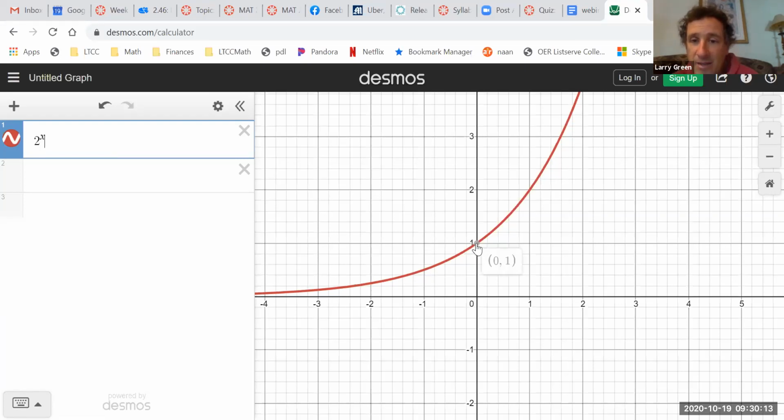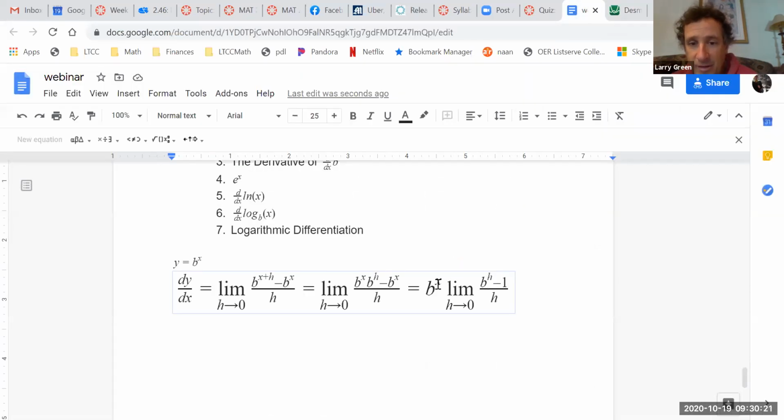That means we're looking at x equals 0, because at x equals 0, this b to the x is gone. And we just get this interesting limit. Do you see that? So the derivative at x equals 0 is going to be this limit.